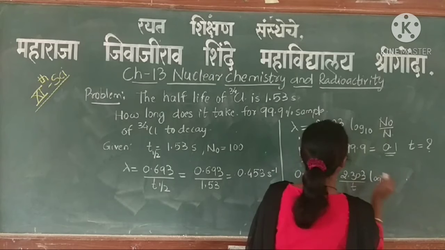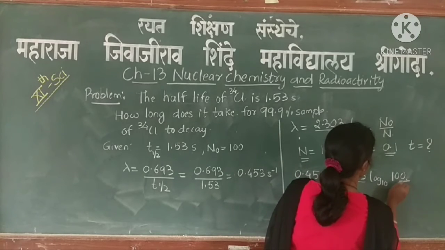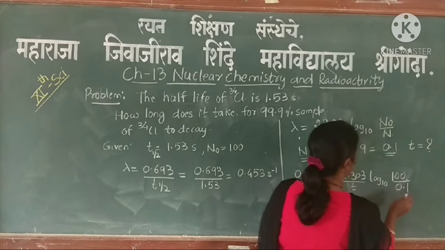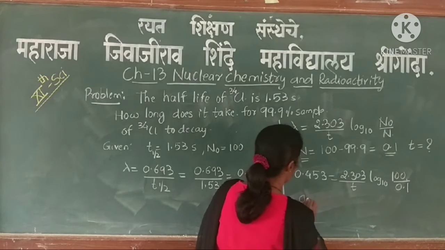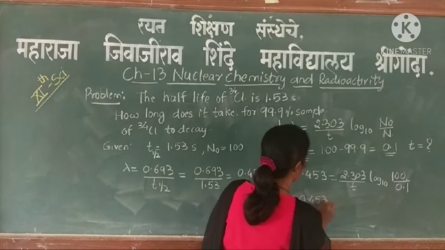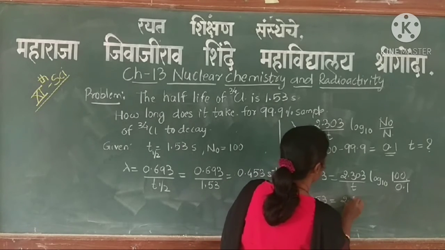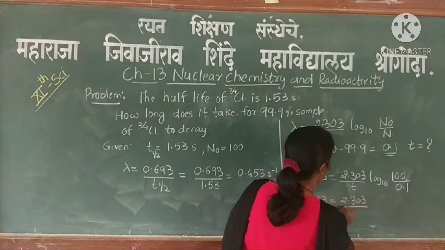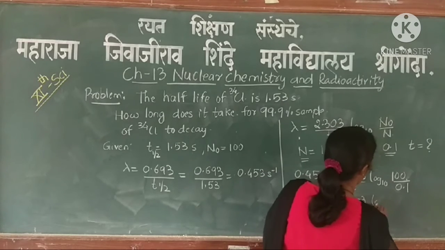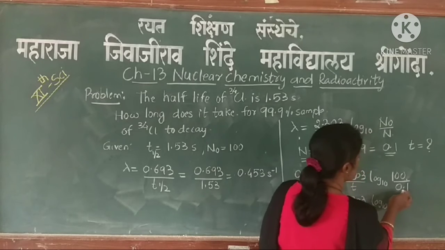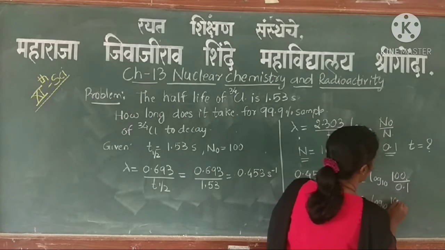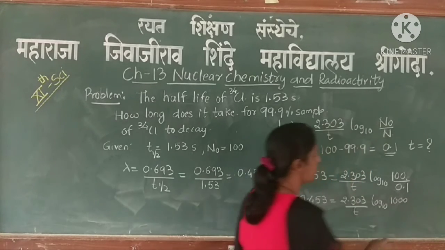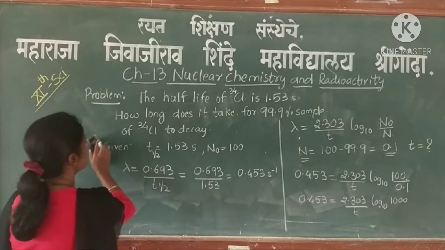What is n0? 100. And what is n? 0.1. Okay, so this will become 0.453 equal to 2.303 upon t log to the base 10 of, this will become 1000.